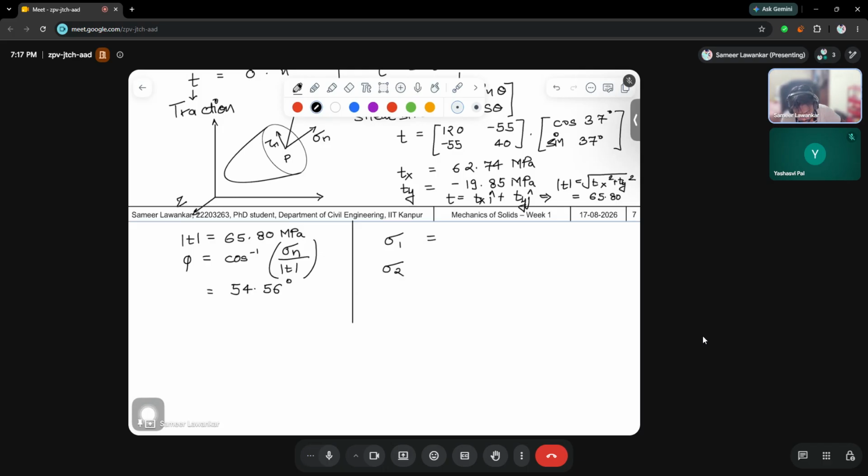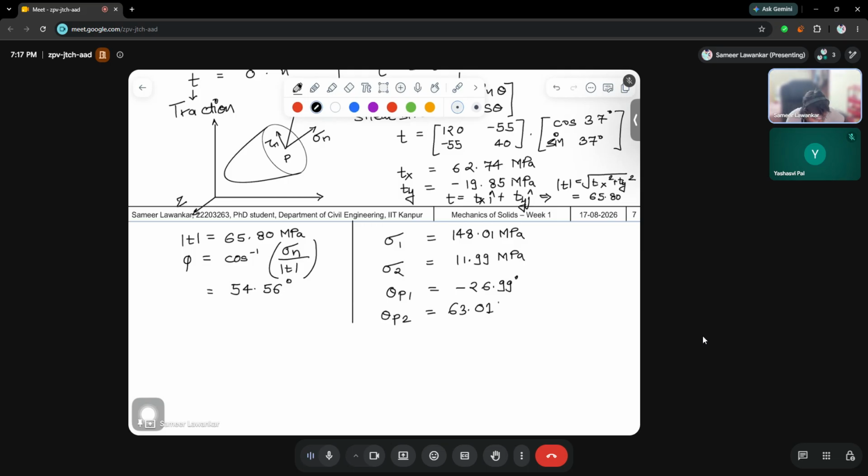When you solve this, you will get sigma 1 as 148.01 MPa and sigma 2 as 11.99 MPa. Orientation, you will get theta p1 by using tan 2 theta p. So theta p1 is minus 26.99 degrees, and theta p2 is 63.01 degrees.